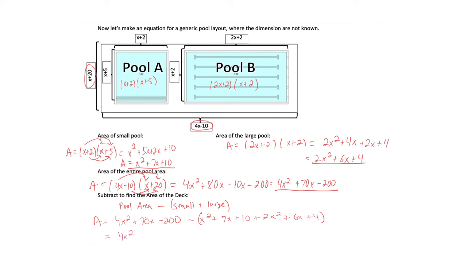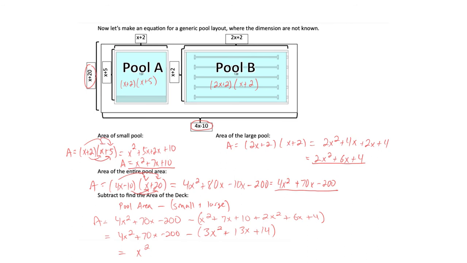So we have 4x squared plus 70x minus 200 minus 3x squared plus 13x plus 14. And then remember, you're subtracting them, so you distribute the negative. So 4x squared minus 3x squared is x squared.